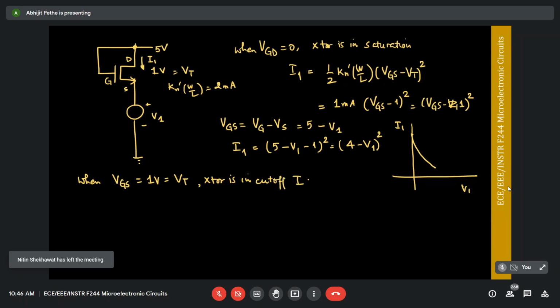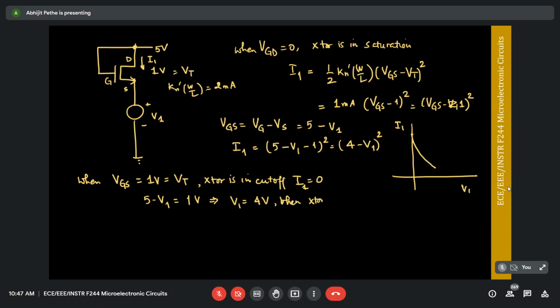Cutoff means that I is equal to 0, so the current flowing through the transistor goes to 0. The transistor goes into cutoff when VGS is 1 volt. VGS is 5 minus V1, and that should be equal to 1 volt. This implies that when V1 is equal to 4 volts, the transistor is in cutoff.